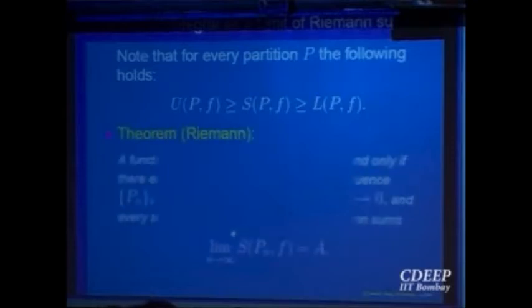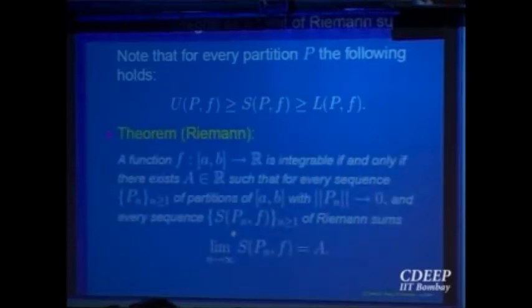So the theorem by Riemann said that a function is integrable if and only if there is a sequence Pn of refinement partitions, of course, such that the norm of that goes to 0 and the limit of S(Pn, f) exists, and that is nothing but the integral of the function, right?